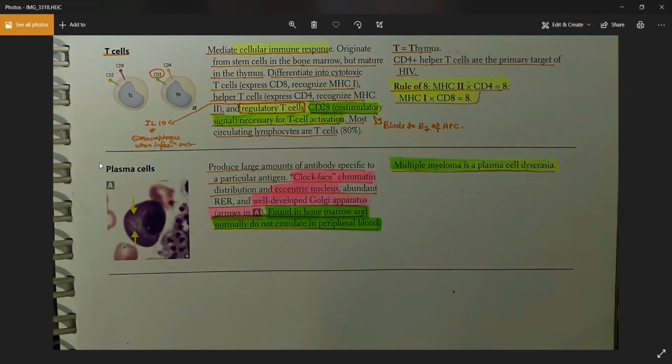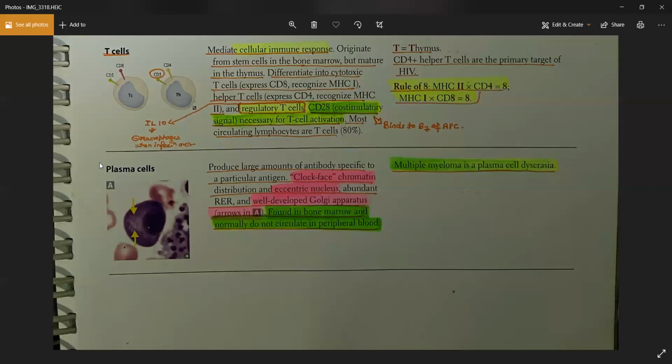So what will you find on the PBS in case of multiple myeloma? The Rouleaux formation. Remember the linear aggregation of RBCs, stacking of the RBCs upon each other, the Rouleaux formation.